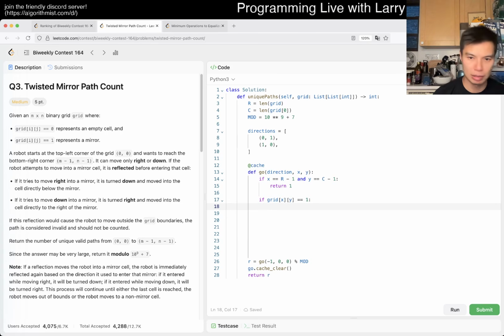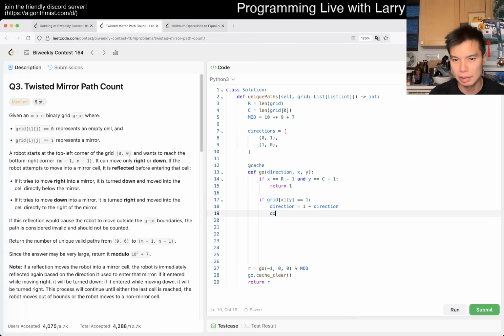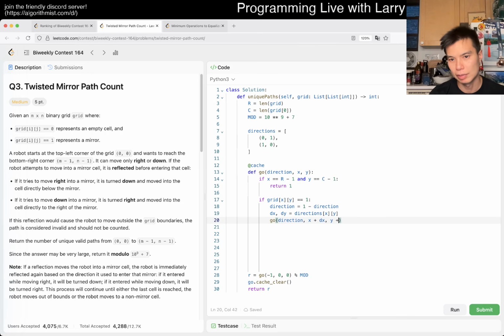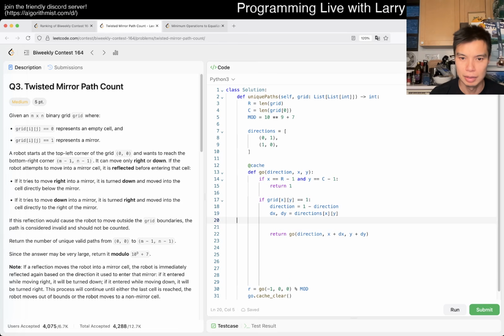So then now, so we go to the other direction, and then dx dy is equal to directions of xy, and then we immediately just go, right? So we immediately x plus dx, y plus dy, kind of, and I say kind of because we should bound check, right? I'm about to bound check anyway, so let's do it before making a function call.